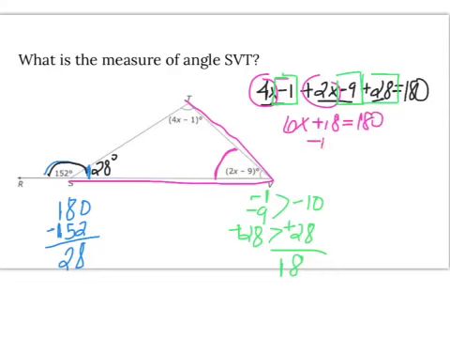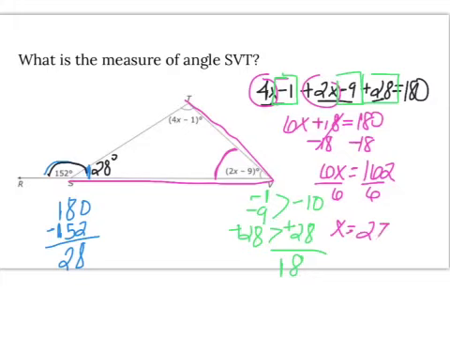From here, it's just a two-step equation. I'm going to subtract 18 from both sides, and I'm left with 6x equals 162. Divide both sides by 6, and I'm left with x equals 27.